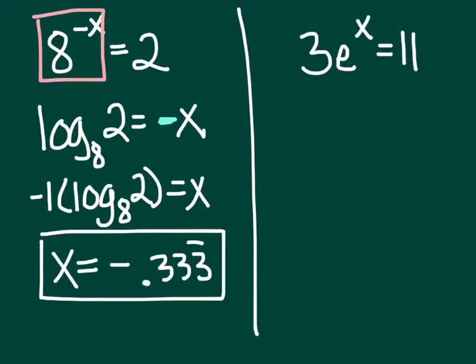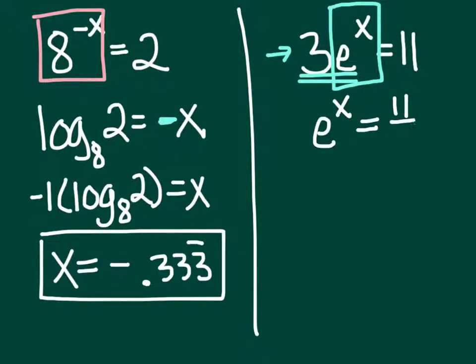And one more of these examples, I wanted to give you one like this because we've got 3e to the x equals 11, and you guys know that you cannot multiply these two things together because e is being raised to the x power and 3 is not. So you have to isolate your exponential, and that means even if you've got coefficients, you've got to get rid of them. So we need to divide both sides by 3 and make this e to the x equals 11/3.